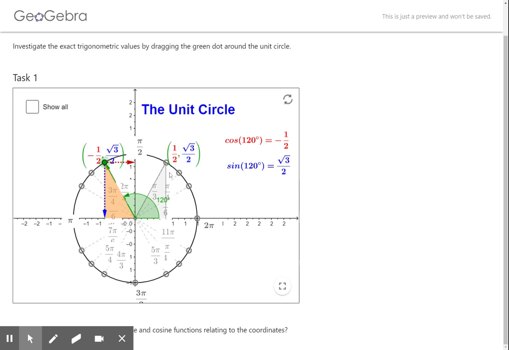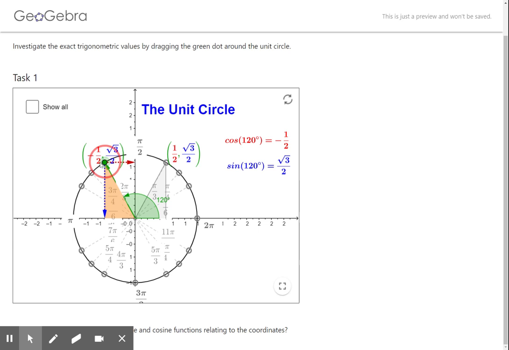And the cosine has the same absolute value, except in quadrant 2, it is negative. So the cosine of 120 degrees is negative the cosine of 60 degrees. The values are the same. So this is interesting, we can see because of the symmetry.